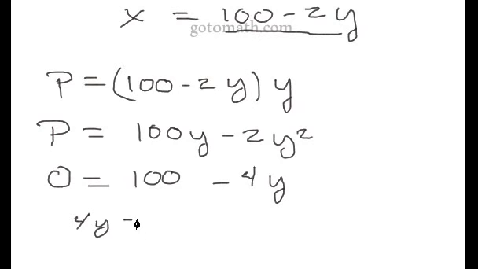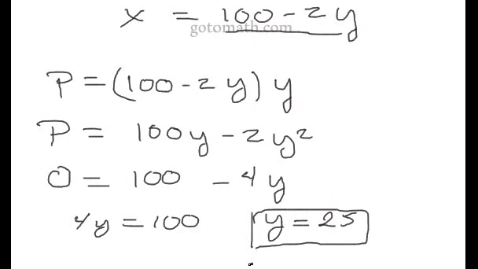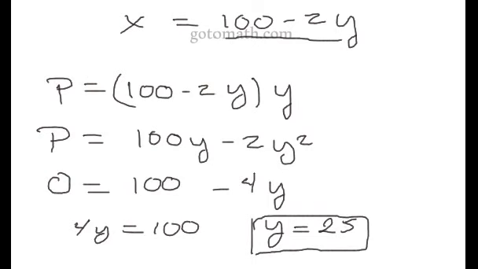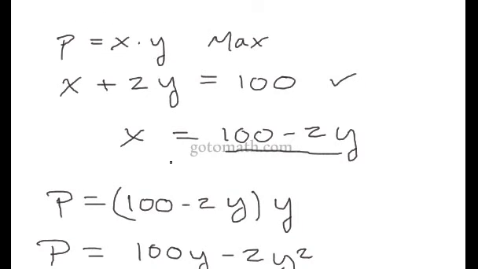So we end up having 4y is equal to 100, and of course y is going to be equal to 25, right? 25 times 4 is 100. So we have found one of our positive numbers, and to find what x is, we go back up into this equation here, and we have 100 minus 2 times 25 is equal to x, and this ends up being 50.